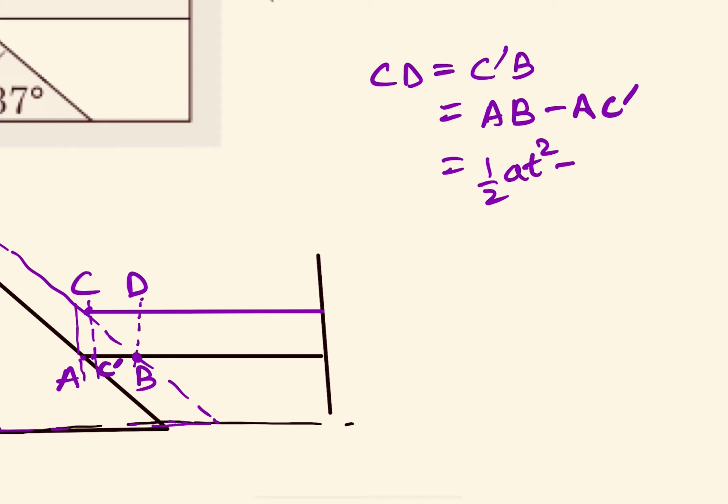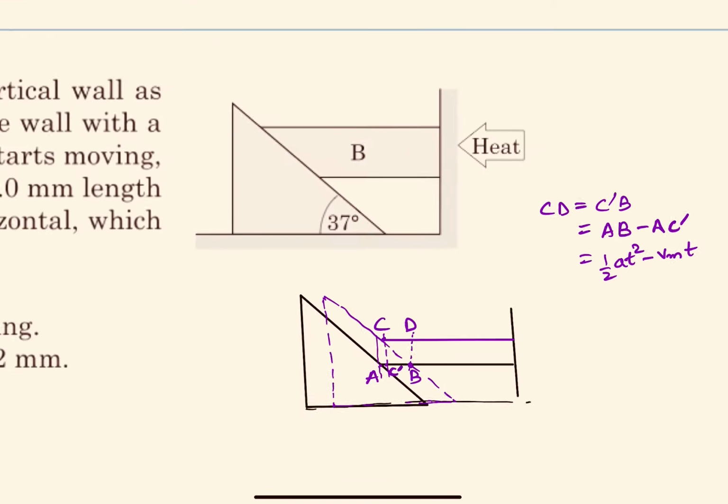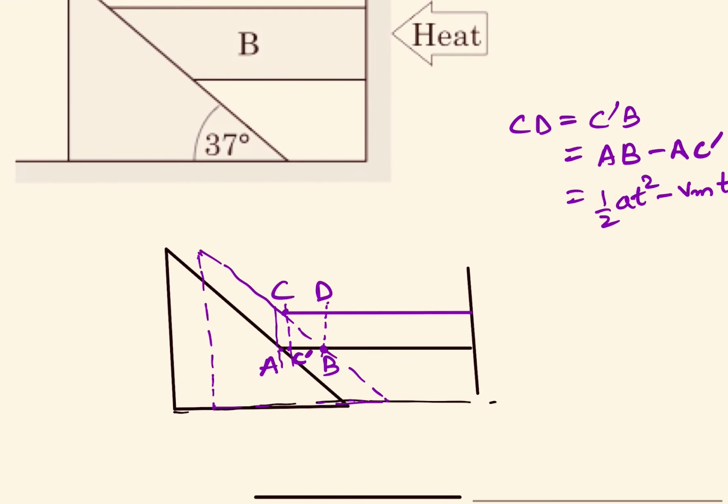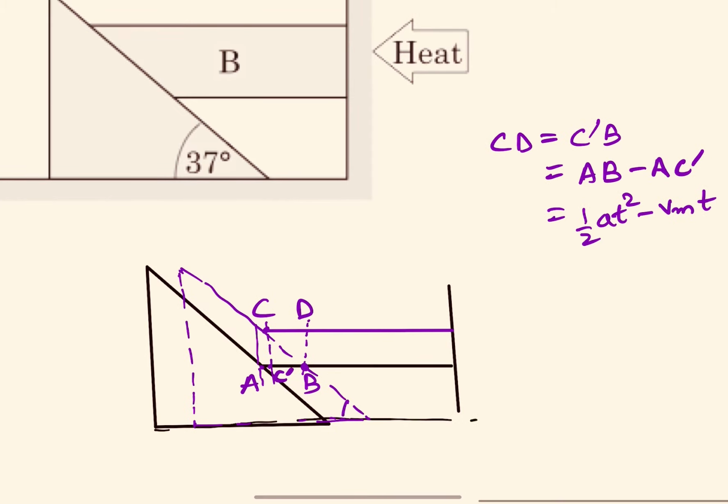and bar is melting with a constant speed, let's say Vm. So Vm into T, by this much the bar melts. Now by how much it has gone up? So this CD length we have with us right now, and the angle also we know, let's call it theta. So this is also theta.